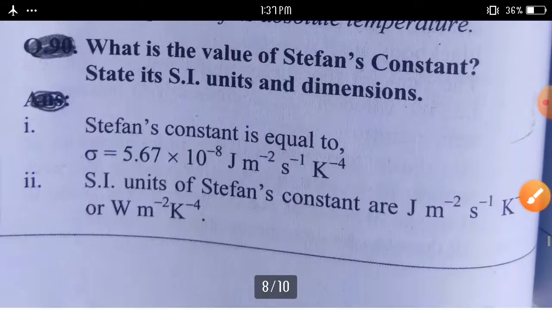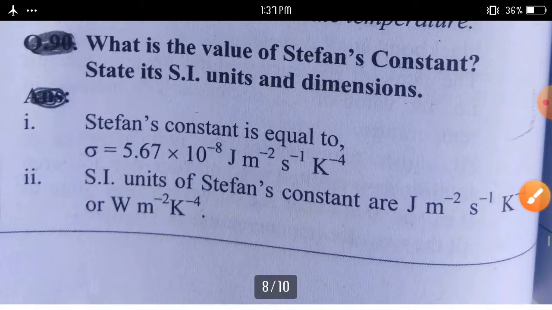Here the Stefan constant sigma is equal to 5.67 into 10 raised to minus 8 joule per meter square per second per Kelvin raised to 4.